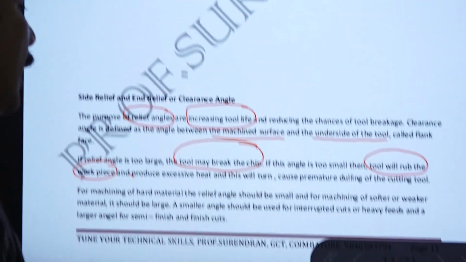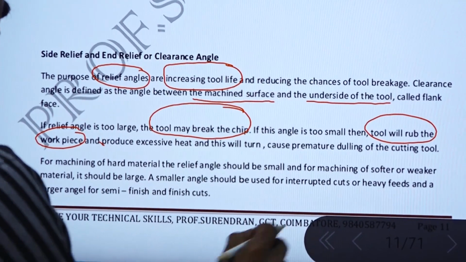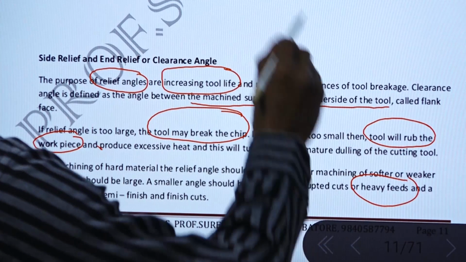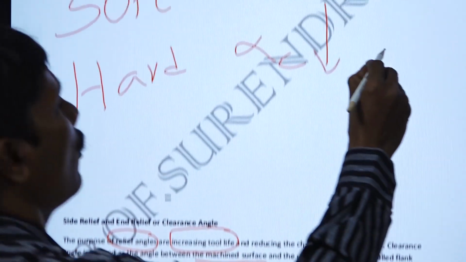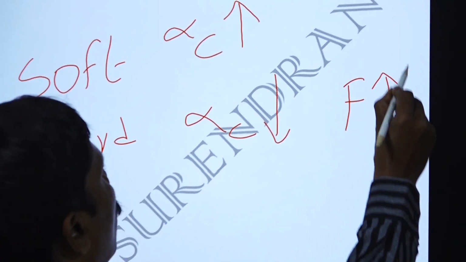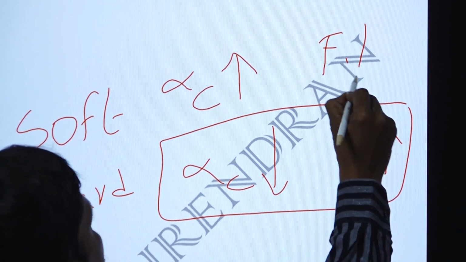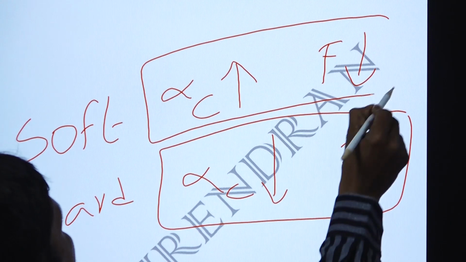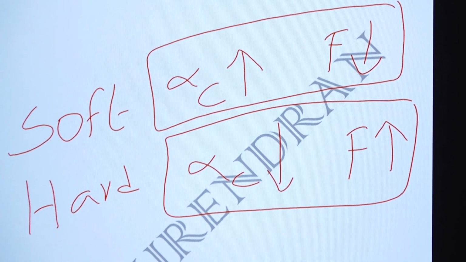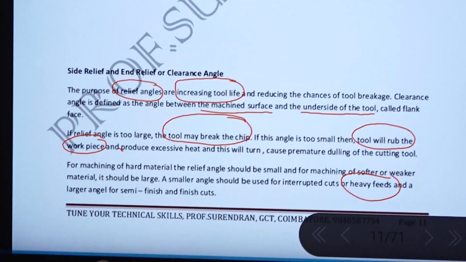A smaller angle should be used for heavy feed. Similarly, when feed is more, we can go for a smaller angle. When feed is less, we can go for a higher angle. So the larger angle is for the finishing cut.